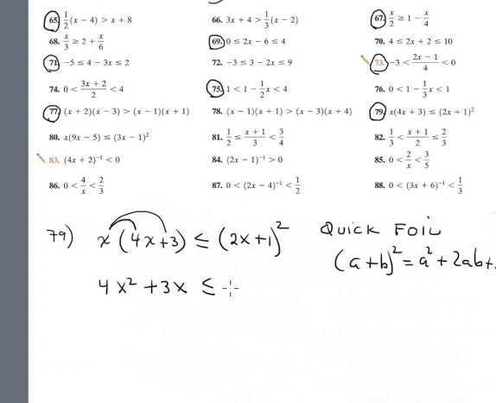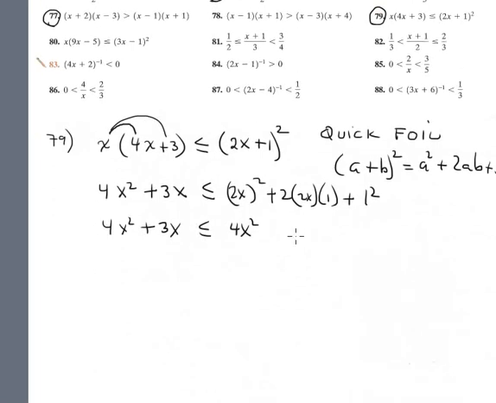I just square it first, 2x squared plus 2 times the multiplication of this times this, 2x times 1, plus 1 squared. This is 4x squared plus 3x less than or equal to 4x squared again.